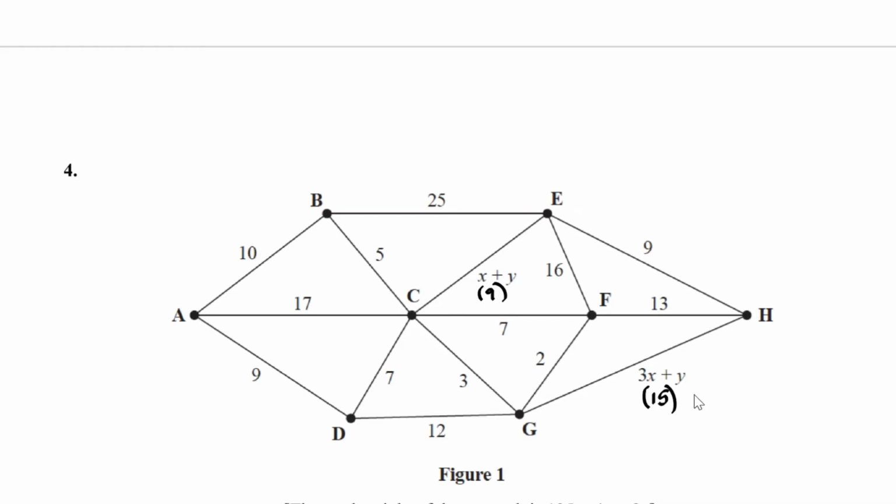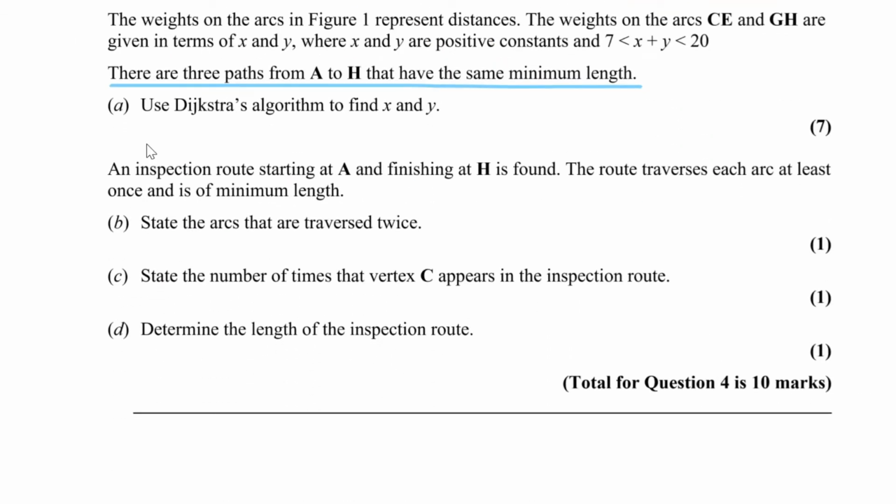Just in case we need it later on. And now an inspection route, now when we talk about inspection route, we're talking about the Chinese postman. An inspection route starting at A and finishing at H is found. The route traverses each arc at least once and is of minimum length. We have to state the arcs that are traversed twice.